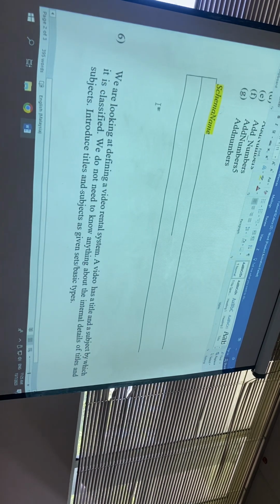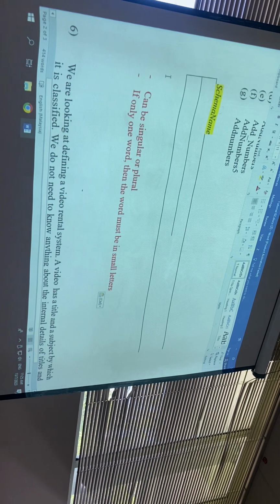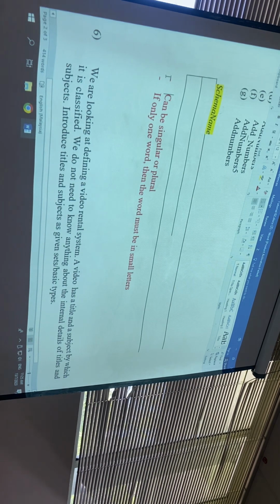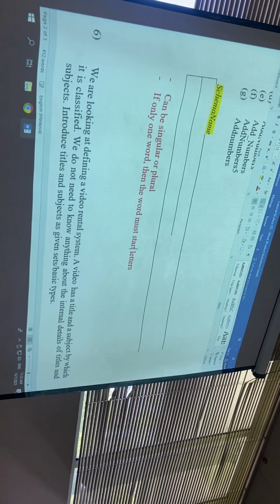The rule is you can be singular or plural, but normally it's up to your operation. If only one word is used, then the word must start with a capital letter.